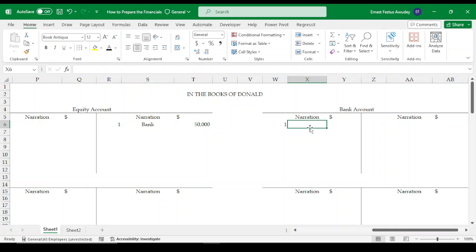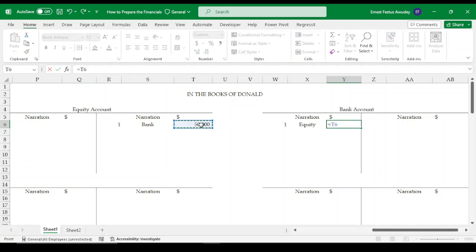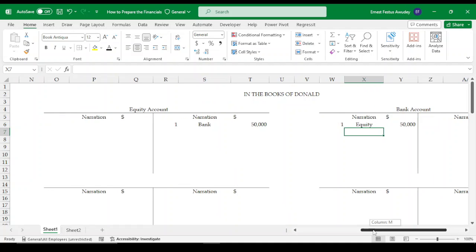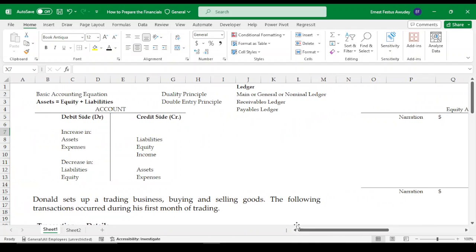When you come here, the corresponding entry is going into the equity account, therefore we will have equity here. You got it right. Then the amount is going to be 50,000, so I can reference the 50,000 right there. Okay, I hope you understand that. So that is the first transaction for you.